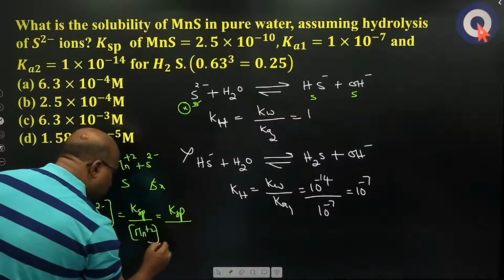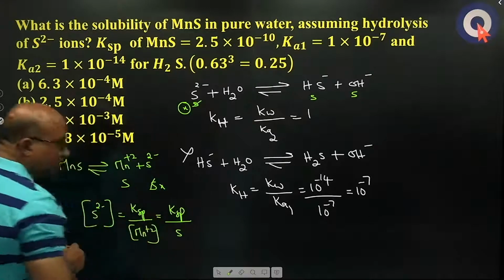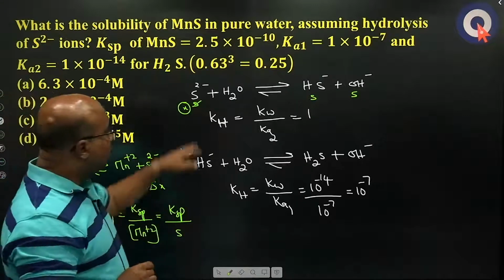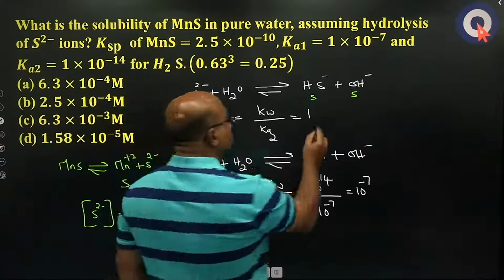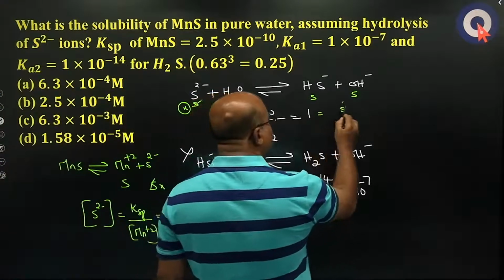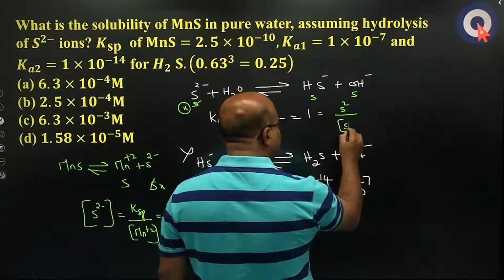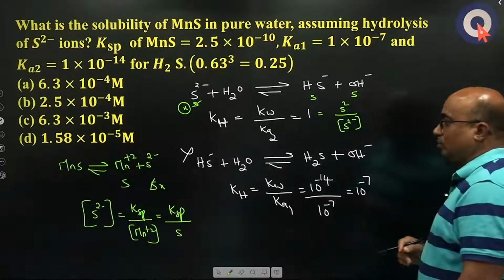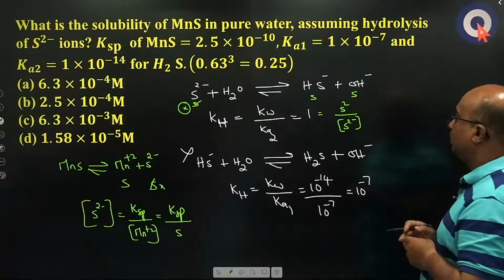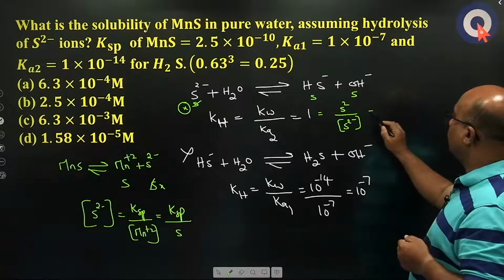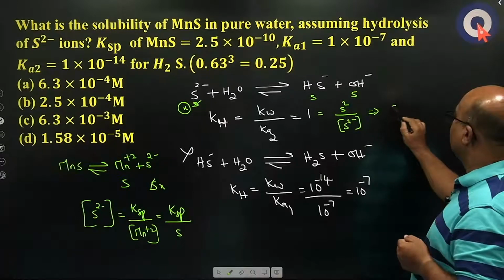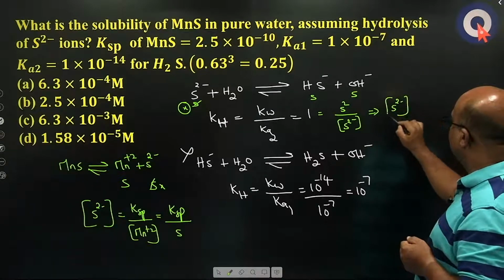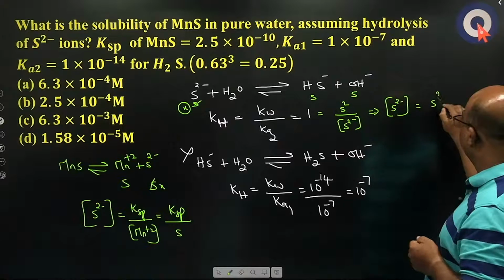Ksp by Mn plus 2, that is nothing but now S. But here what is the sulfide ion concentration? This is nothing but now S square by the sulfide ion concentration. So what is the sulfide ion concentration from here? It is nothing but the S square.